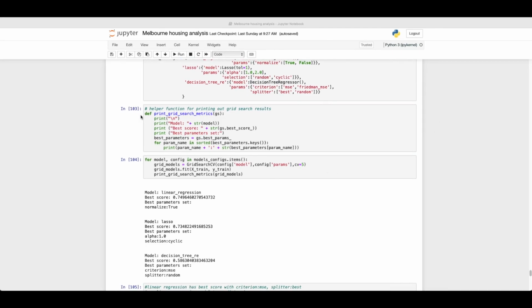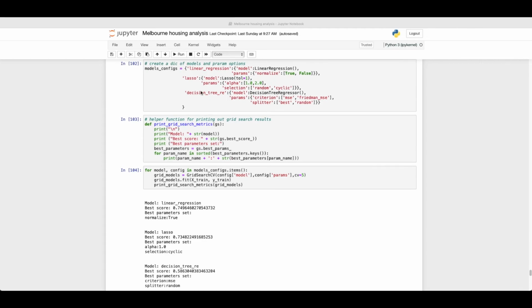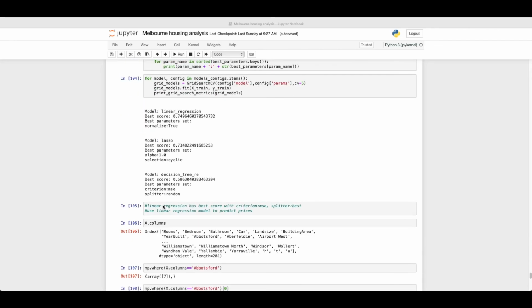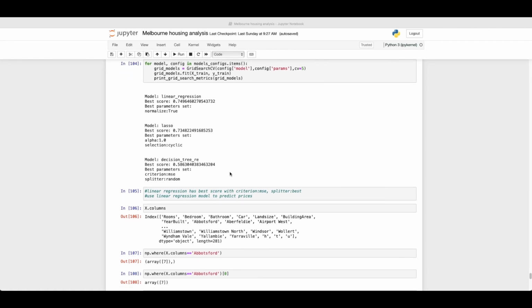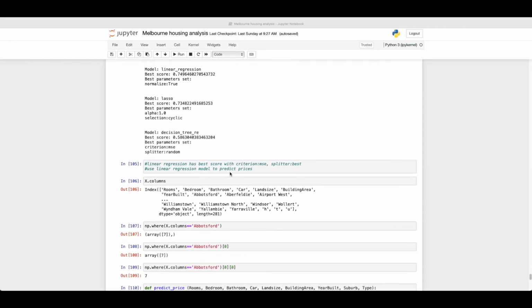And I use this for loop to run through each model with the different configurations I set up in this dictionary, and this is the result here. Apparently, linear regression has the best score. Lasso is slightly lower than linear regression, but yeah, we're going to stick with the linear regression model here.